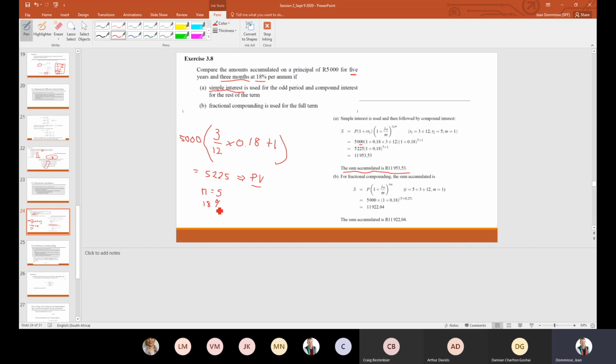So if you put that into your calculator, you will get the future value. But I think this is important: for the simple interest, we will always need to use the simple interest formula.